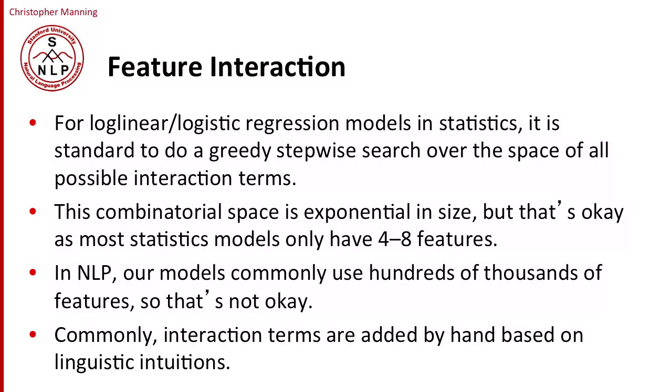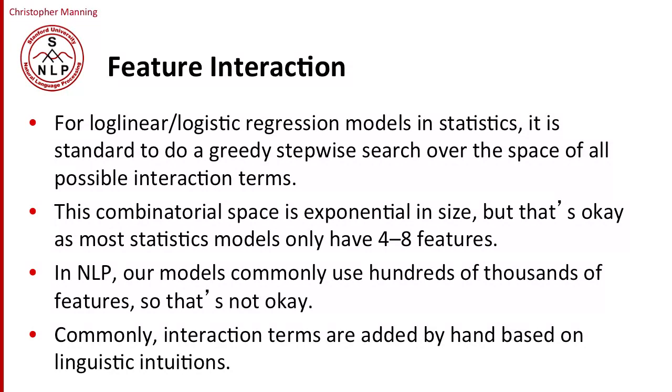And well, if we have millions of features, we just can't afford to train millions upon millions of models to try and work out what's the roughly optimal set of features, even doing it in a greedy fashion.